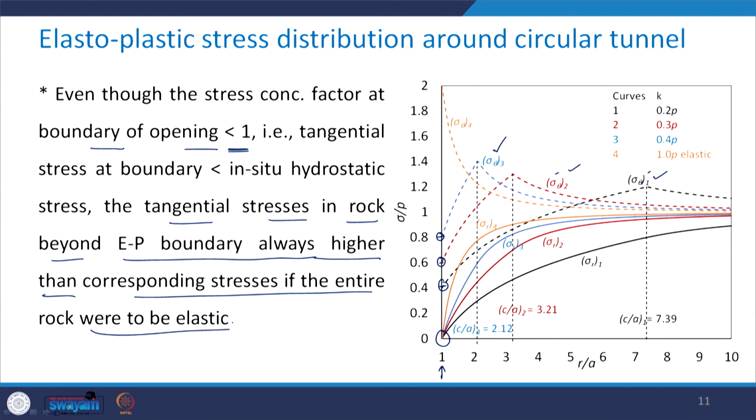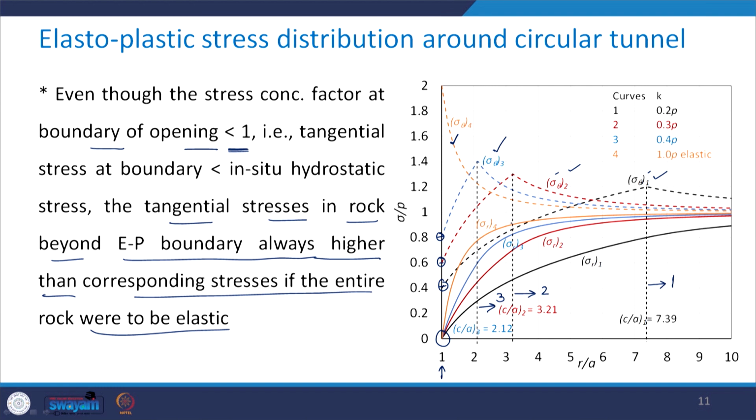Take a look here. When the complete rock is elastic, what is that case? It is this one, this orange color one. Now, take a look at the situation beyond the elastoplastic boundary in each of the respective cases. That means, in the first case I need to look beyond this, in the second case beyond this, and in the third case beyond this. This is the first case, second case and then the third case.